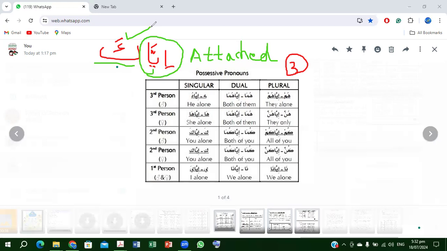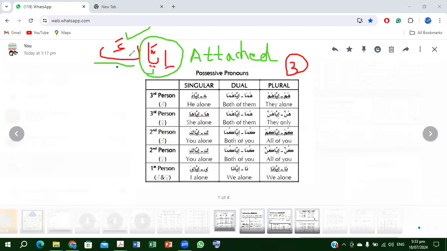We wanted ka because this is too important. In Arabic, this is a rule that if you want to give more focus on a noun or a pronoun, you bring it in the very beginning of the sentence.